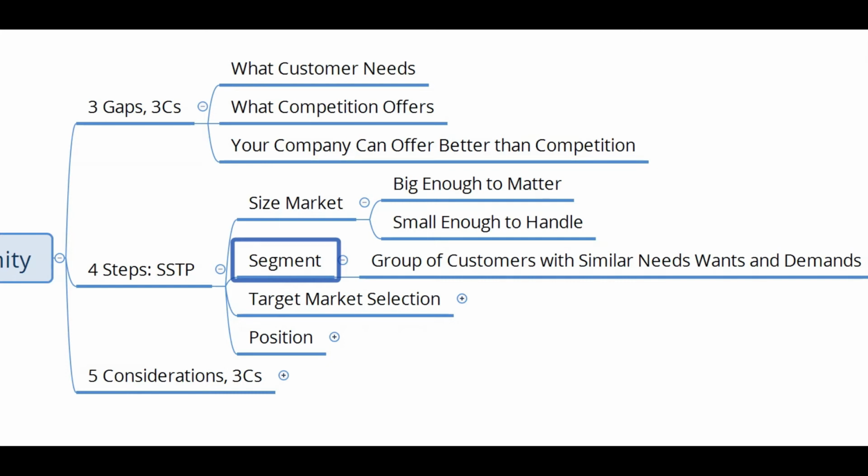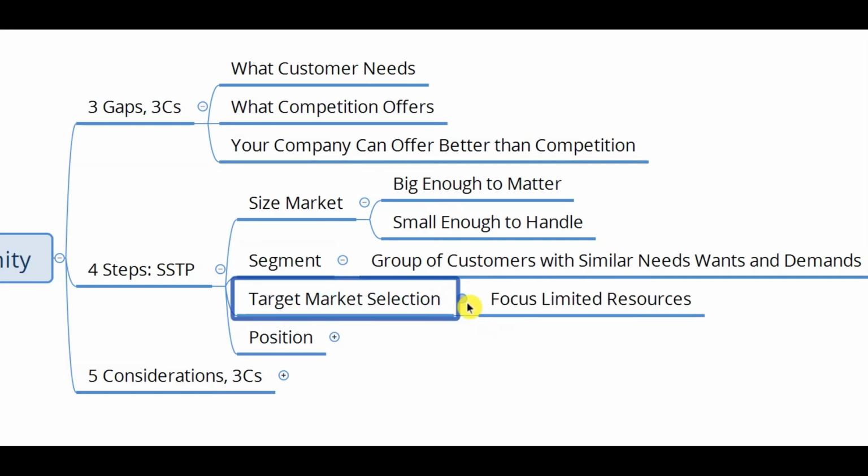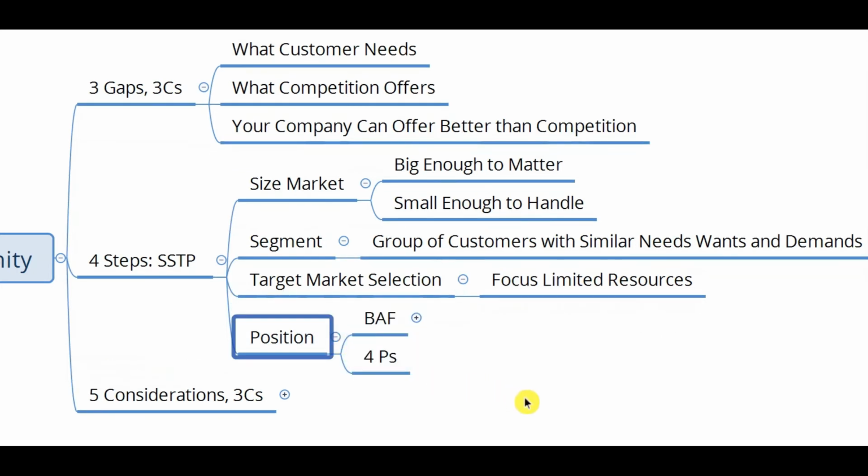Now, after segmenting the market, you will then select your primary target market because you want to focus your limited resources. You don't have all the time in the world and all the money in the world, so you can't address the total market all the time. So you have to select your primary target market, and then you position using two things.